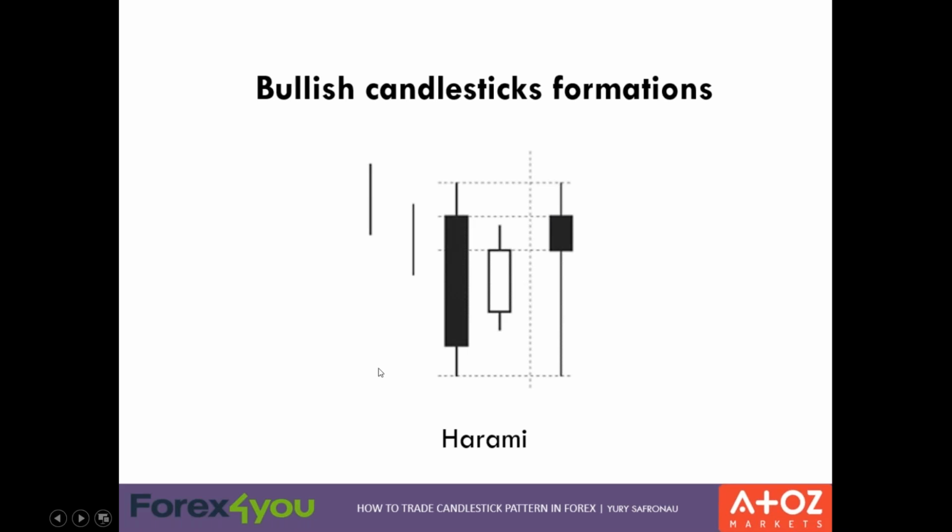And the next formation is called Harami. A bullish Harami is a candlestick chart pattern in which a large candlestick is followed by a smaller candlestick whose body is located within the vertical range of the larger body.